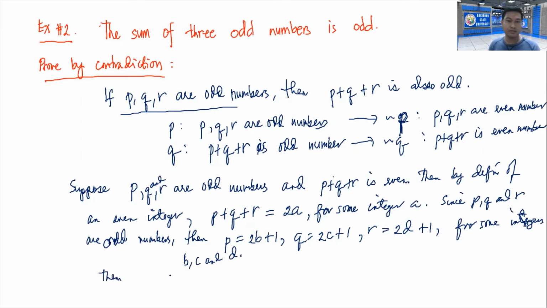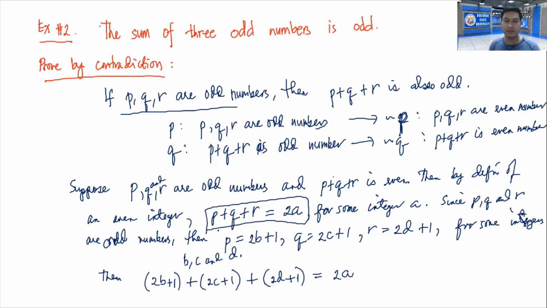Then we can have 2b plus 1 plus 2c plus 1 plus 2d plus 1 equals 2a. Where did we get it? Here, this one. This is our given, right? So this is the p, this is the q, and this is the r. So let's continue.